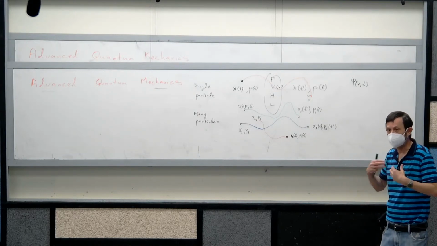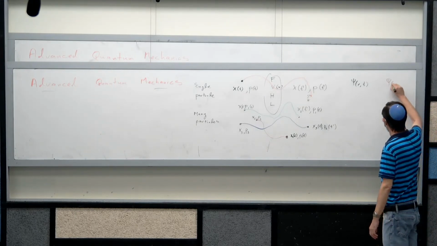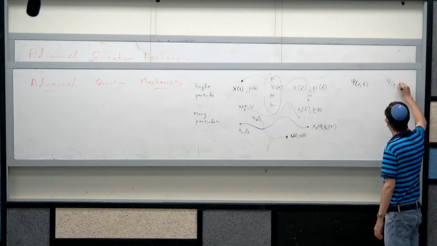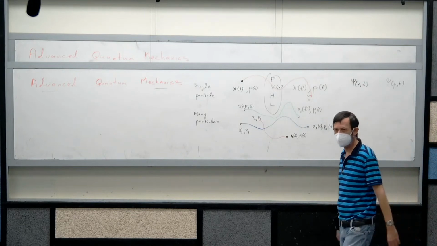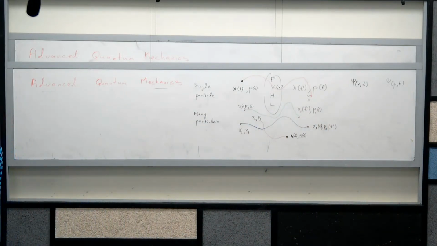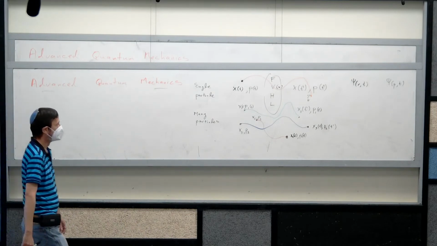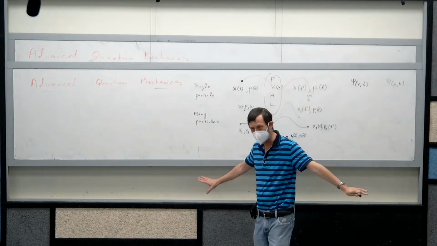It's my choice. I could, in exactly the same way, write down psi of p and work my way merrily after and be happy with it, and everything that I could calculate from this one, I could calculate from that one, it doesn't matter.